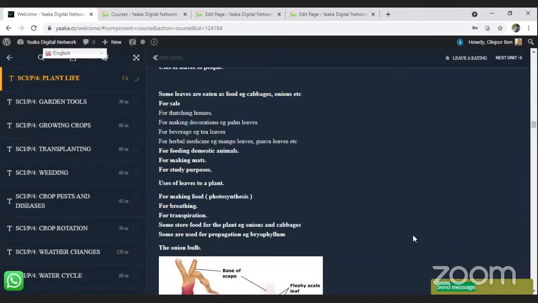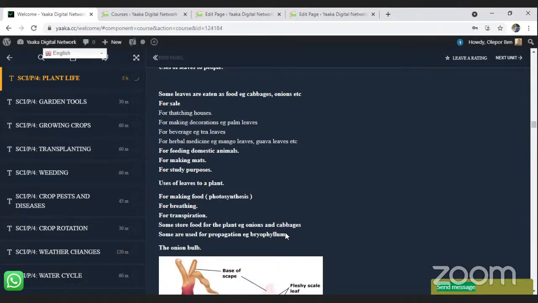Then the uses, you presented this very well. The other thing that we shall talk about is propagation, because some plants are propagated using leaves, e.g. bryophyllum. There is a plant called bryophyllum, and to get a new plant from it, you have to plant the very leaf. You plant its leaf and then you get that plant.